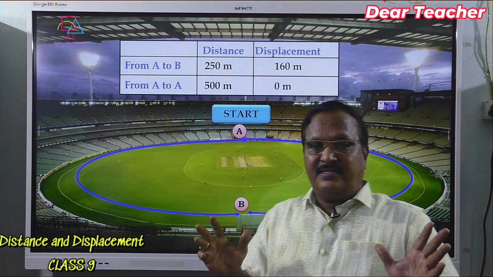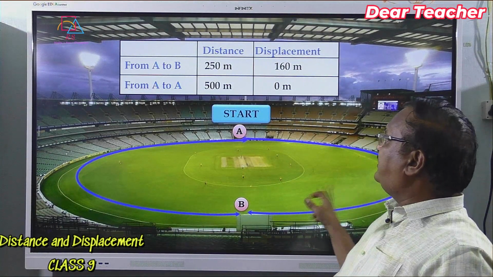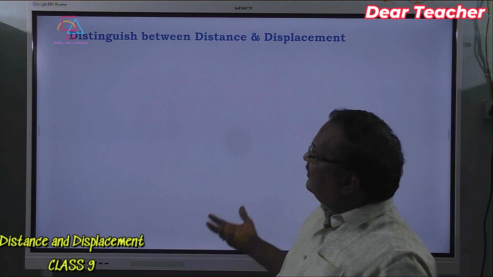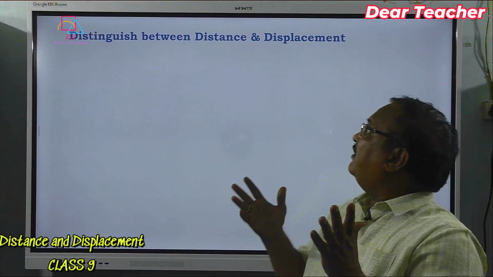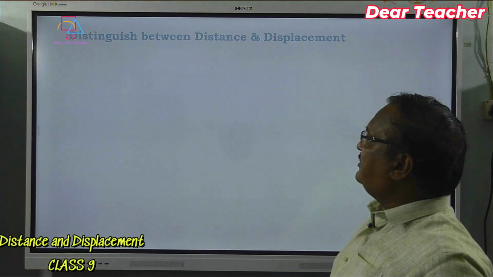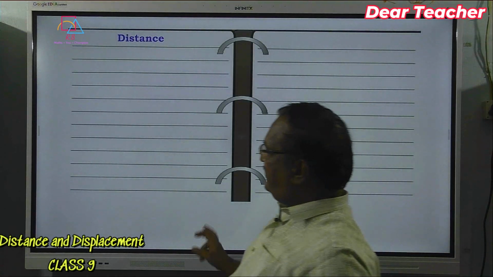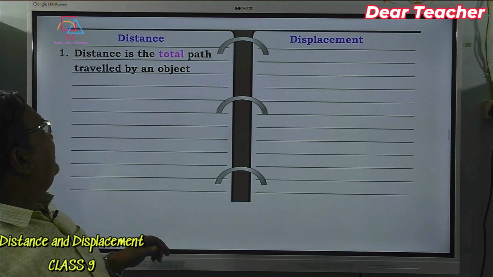This is how the data is tabulated. Now let us distinguish between distance and displacement, one by one.